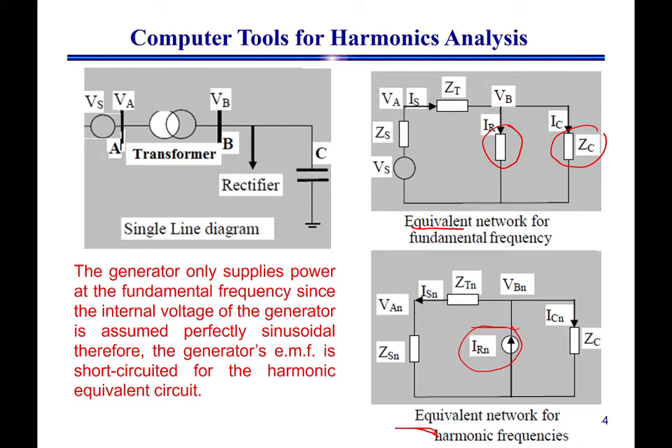So that's why the voltage source of the generator will not be present, it will be short-circuited when we draw the harmonic equivalent circuit.